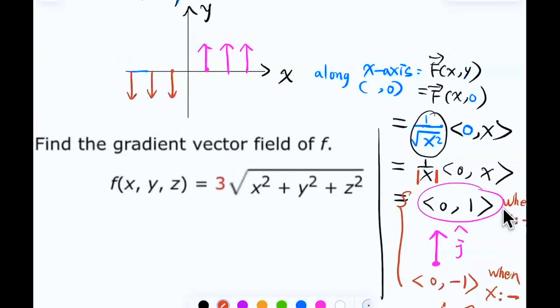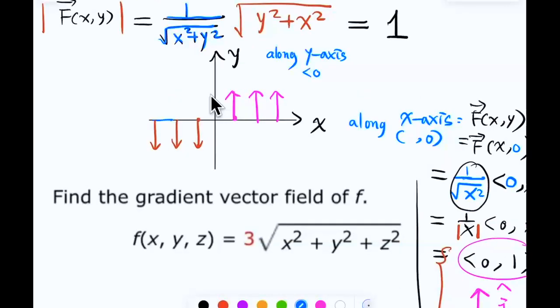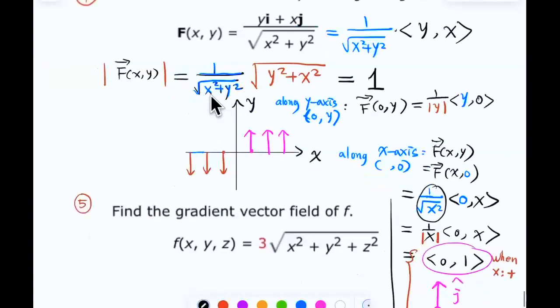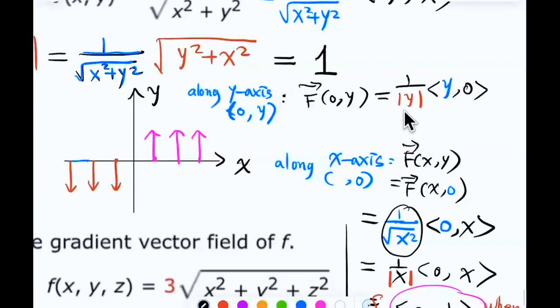Okay. All right. Now let's think about along the y-axis. What happens? So x will be 0, right? And y. So the vector is 1 over the absolute value of y times y here, and x will be 0. So looking at this, when y is positive, what do you get?